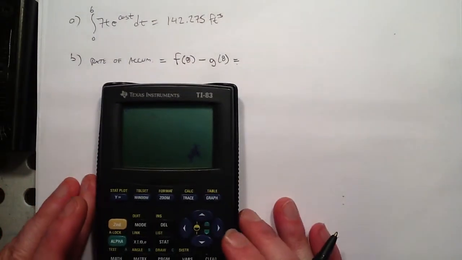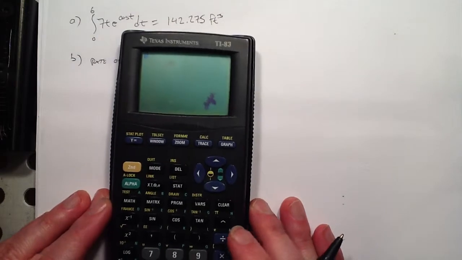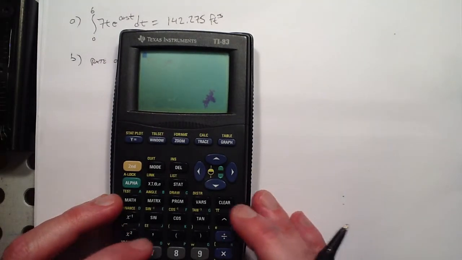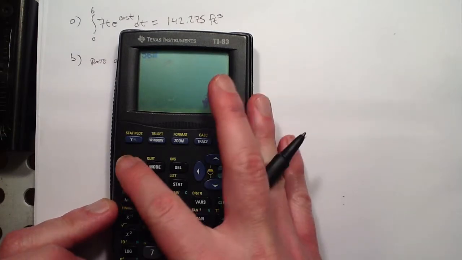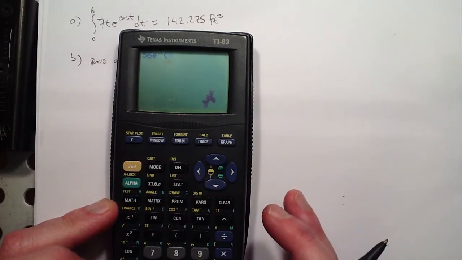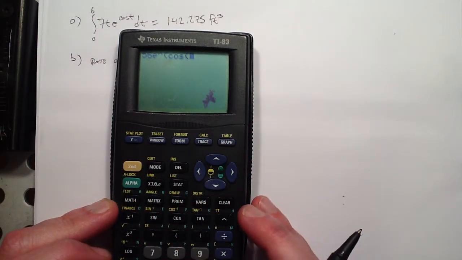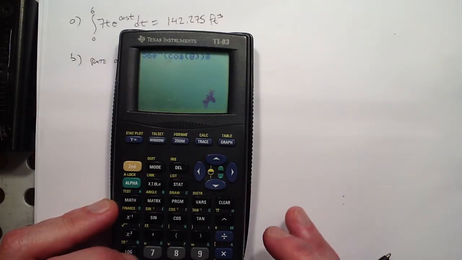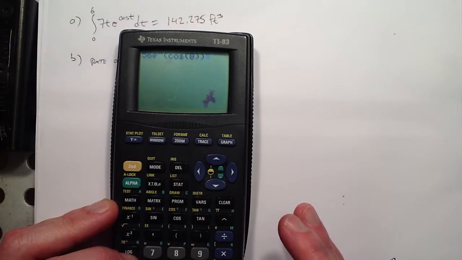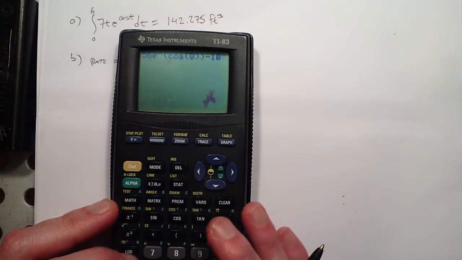So let's do that. Plugging 8 into that function, I have 7 times 8, which is 56, e to the cosine of 8, minus 108.